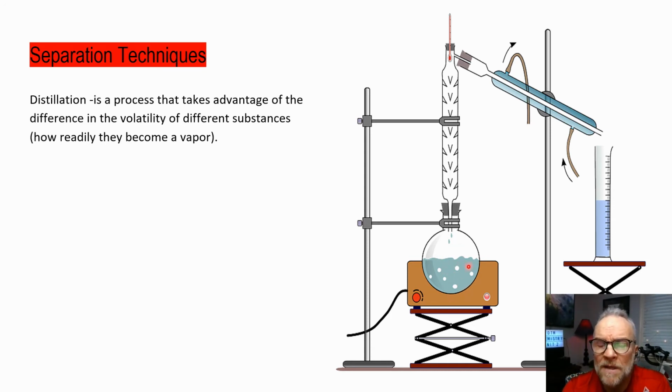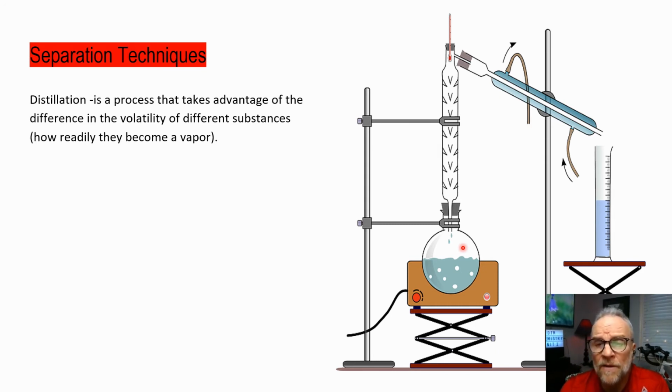And what happens is, in this mixture, certain substances boil off first. They have a lower boiling point, so they will boil off and become a vapor, and the vapor goes through this distillation tube and turns back into a liquid. The water, or the coolant, surrounding it cools off the vapor and condenses it, and then it's caught back here as a pure substance. And so that's kind of a neat apparatus.